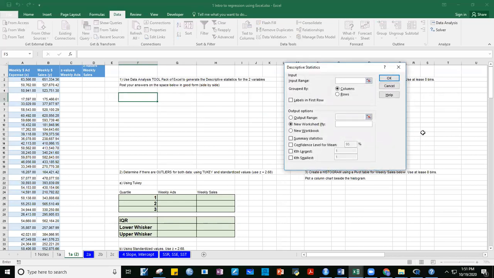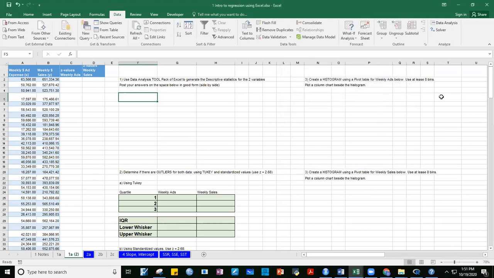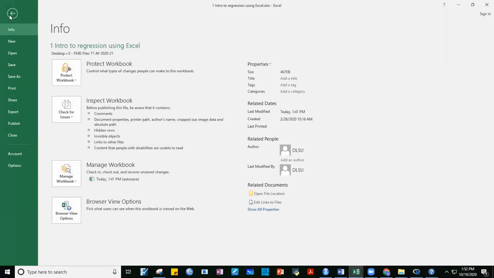Sir, wait, I don't have Data Analysis. You don't have Data Analysis under Data? Okay. For those who don't, guys, go to File first. Aki, was that you? Sige.